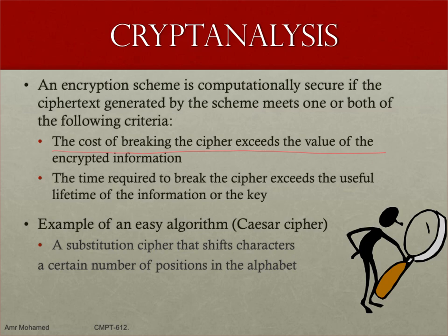Okay, so I break the account and then I get to the account and I find only $1,000 inside. So which means that it's not efficient, it's not feasible. The cost that you have spent in order to break into that bank account is much more than what this account has, okay? So in that case, we say that the encryption algorithm has achieved the objective, right?